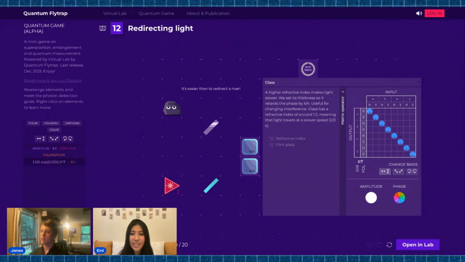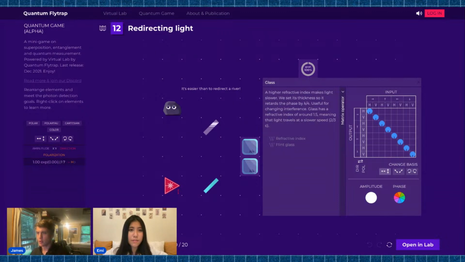Wait, so is the phase the wavelength? Yes, the phase is your change in the wavelength. Well, it depends on if you want me to show you. Yeah, actually I need to understand the relationship between phase and wavelength for this. So phase, one sec.